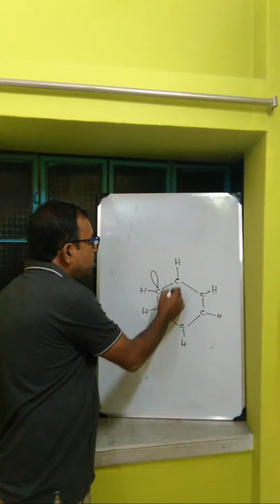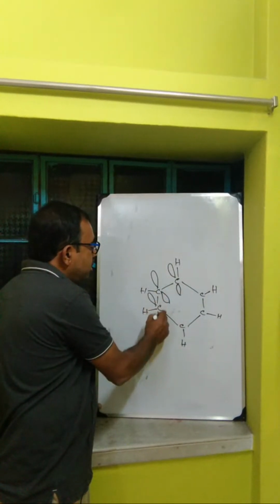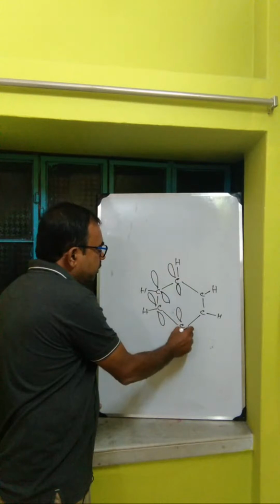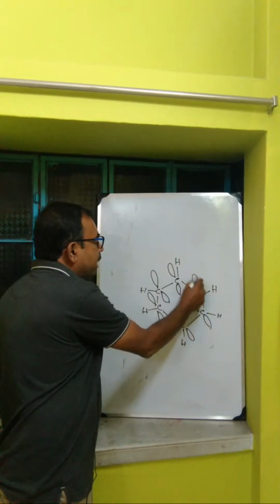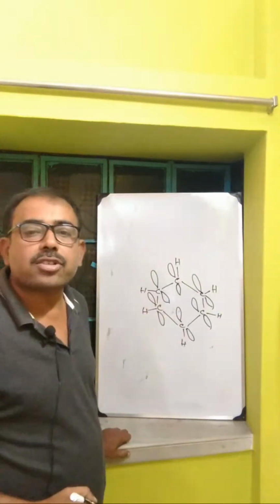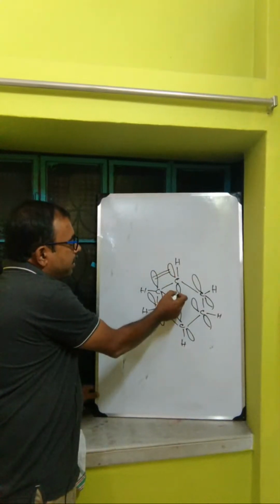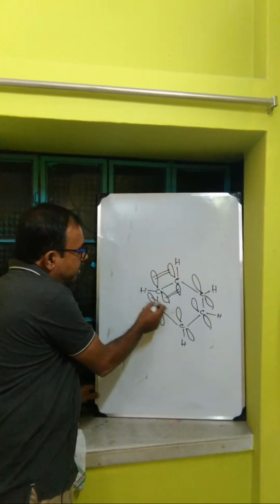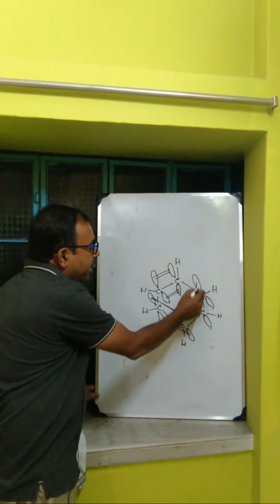All the unused pz orbitals are parallel to each other, so they can make a lateral overlapping. Here the lateral overlapping occurs between alternate carbon atoms.